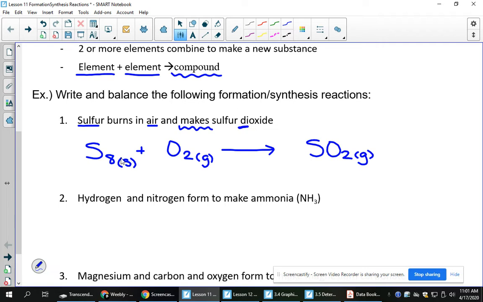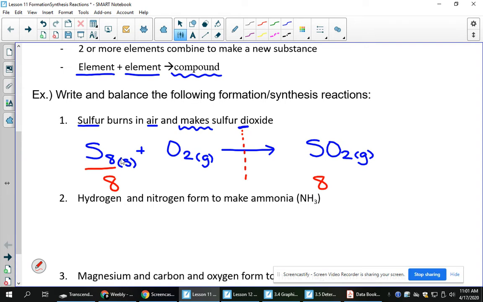Now, the law of conservation of mass we talked about last week, and that tells us that if we start with a certain number of sulfur, we have to end with the same amount of sulfur. Sulfur can't just disappear in thin air, and we can't just make more. So for this example, we're starting with 8 sulfur atoms, okay? When we look at our arrow, there has to be 8 on this side and 8 on this side. It has to balance.